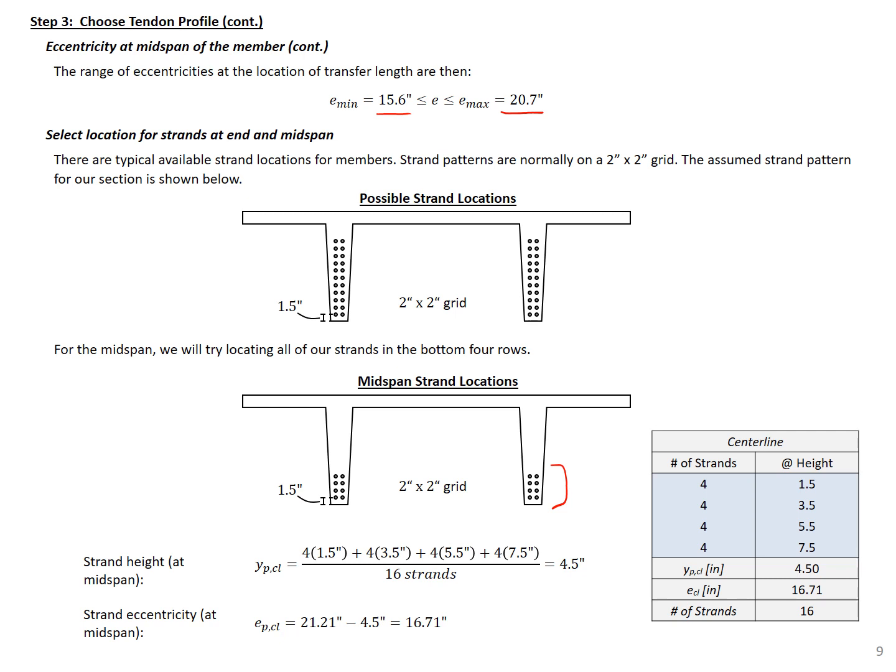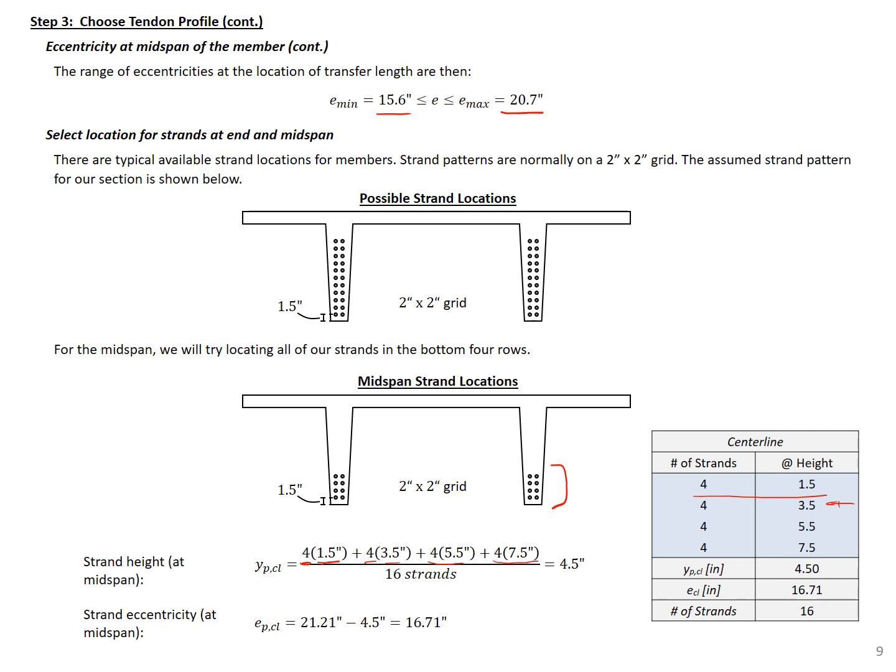So with the strand location, I can figure out the strand height at midspan just by looking at a weighted average. So I have 4 strands located at 1.5 inches, 4 strands located at 3.5 inches from the bottom, 4 strands at 5.5 inches from the bottom, and 4 strands at 7.5 inches from the bottom.